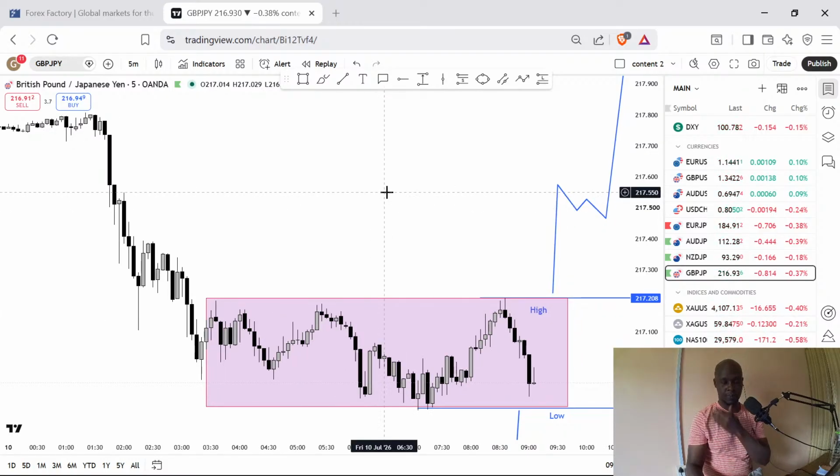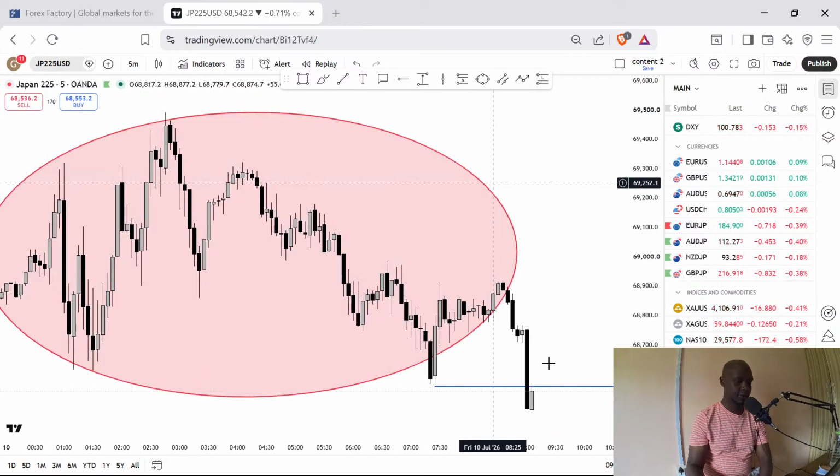Have a quick look at this DAX because I want to see how this candle is going to close.